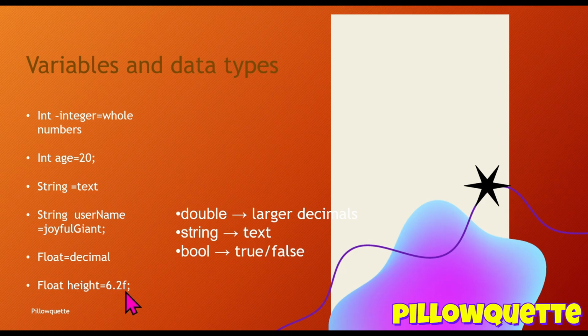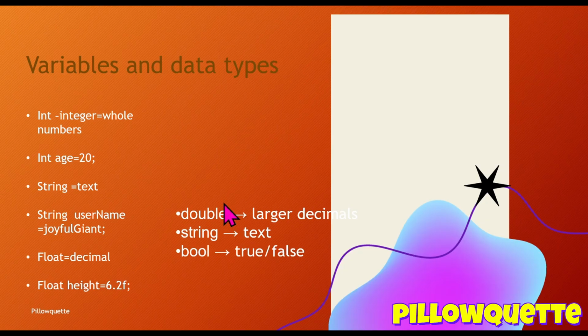But for float, on the other hand, you have to write the first letter, f, to let us know it's actually a float you're trying to write. And do not forget your semicolon, because if you do, you're not going to be able to continue with the code. It's going to give you an error. So I'm going to show you a visual example as we go along. Just bear with me one moment.